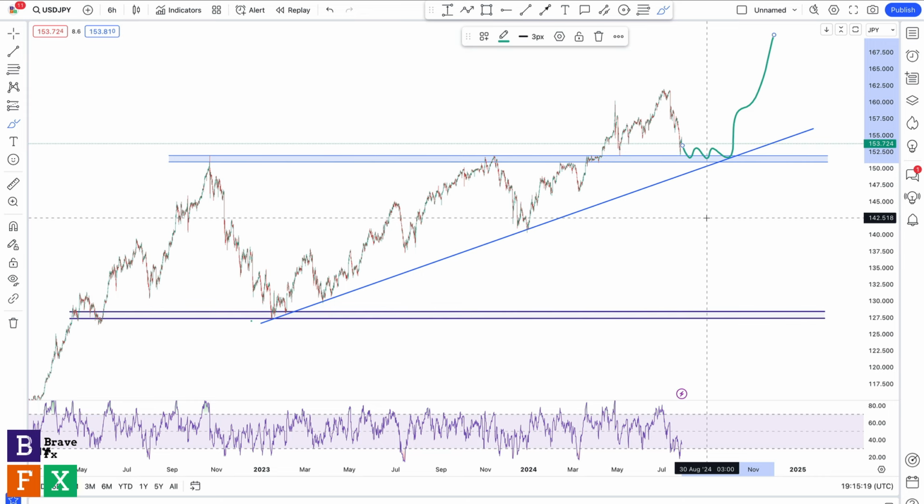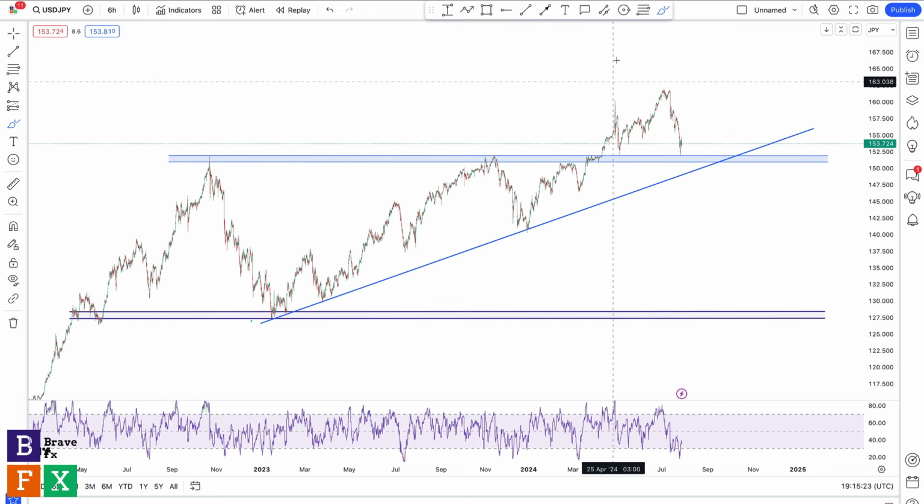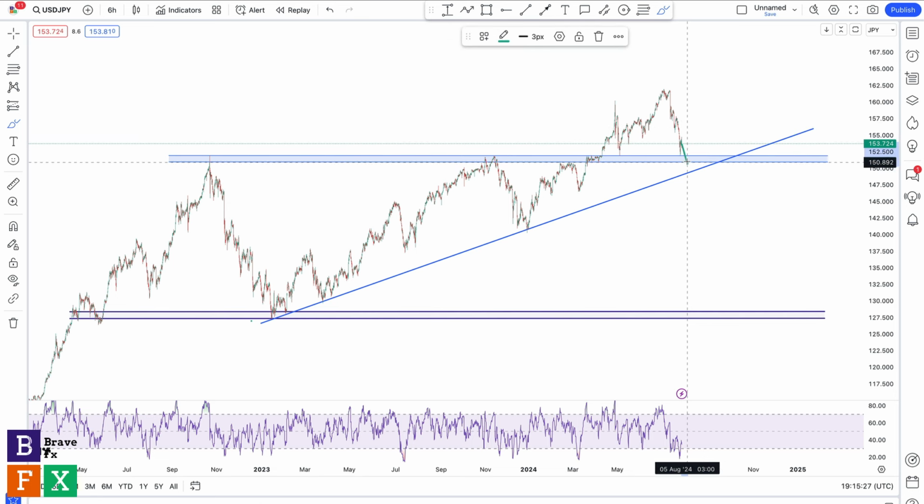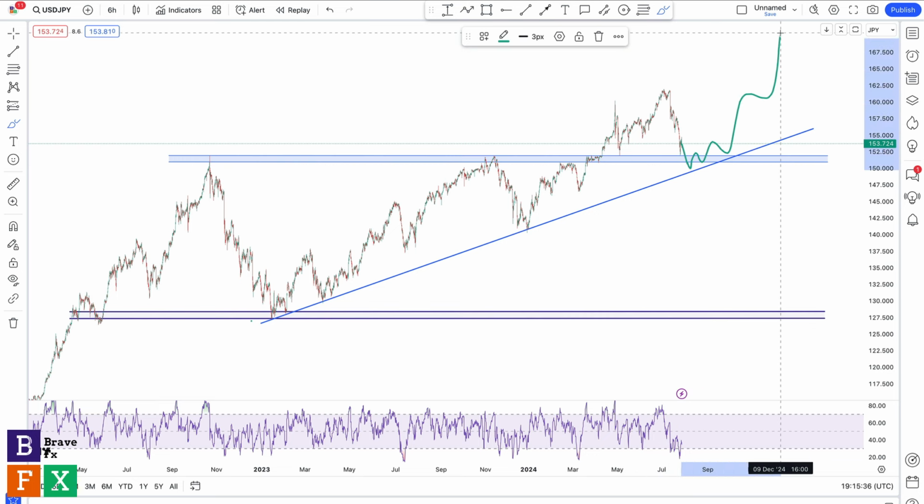So if you're trading USD-JPY, this is what I'm watching out for to go long, right? You want to wait for price to properly show us its direction. You may even see price coming down all the way to this price level, touching this trend line, consolidating a little, and then reversing or continuing its bullish move.